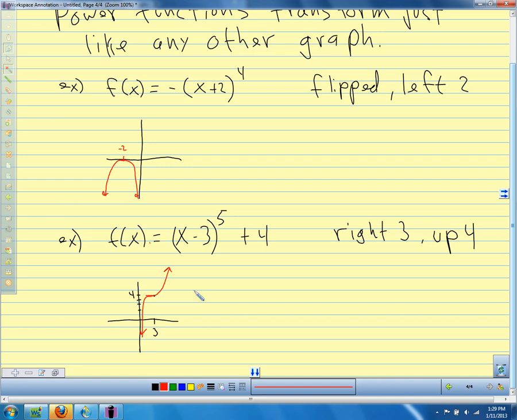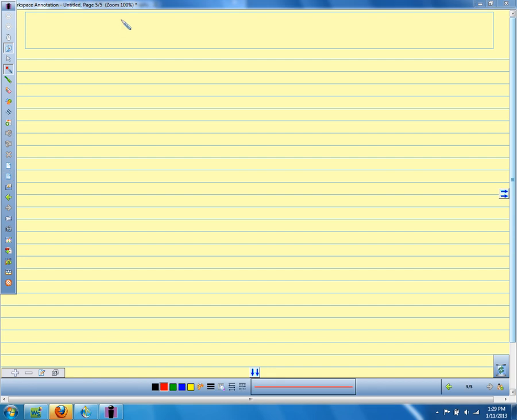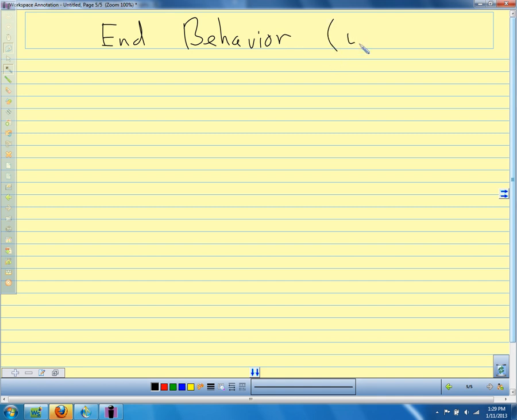So I want to look at some other graphs. The next thing we're trying to figure out is what we call end behavior. So end behavior just means what happens eventually.